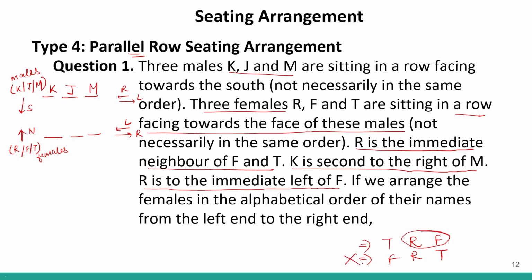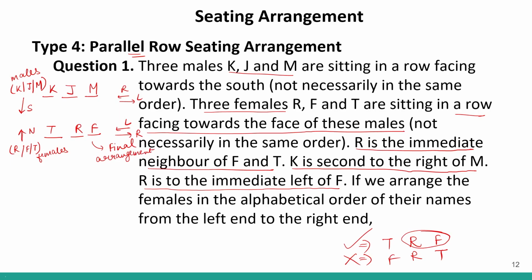So this possibility is incorrect. This one will be correct because R is to the immediate left of F. So we will get TRF. This will be my final arrangement. Correct? This is my final arrangement.